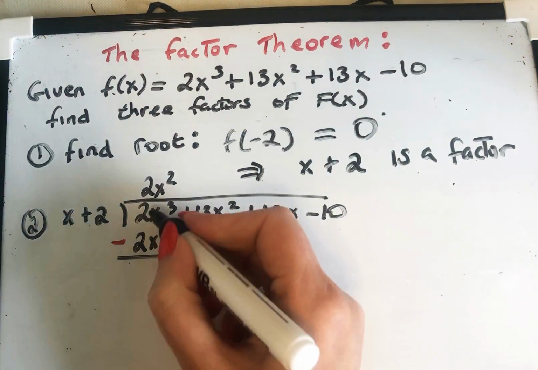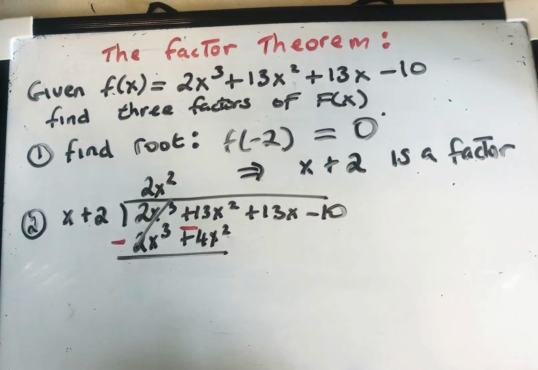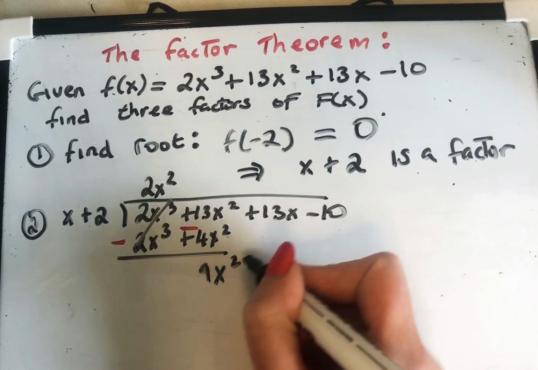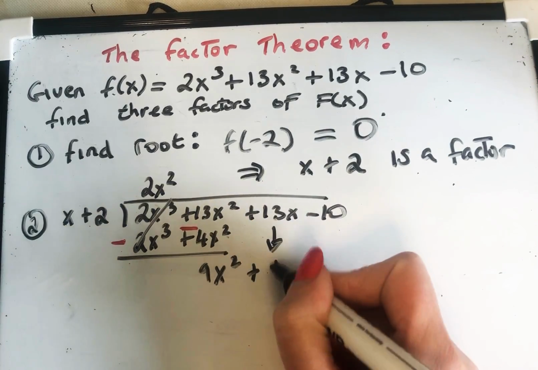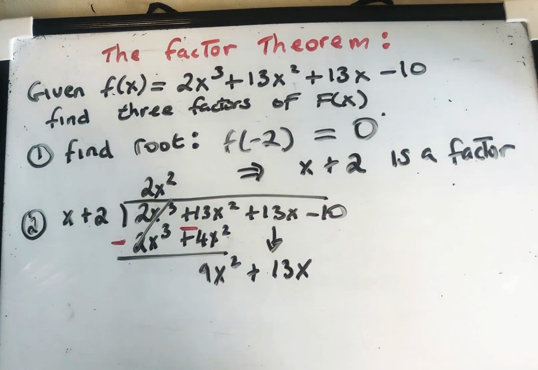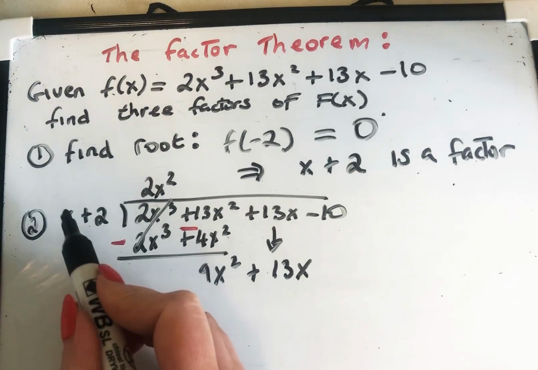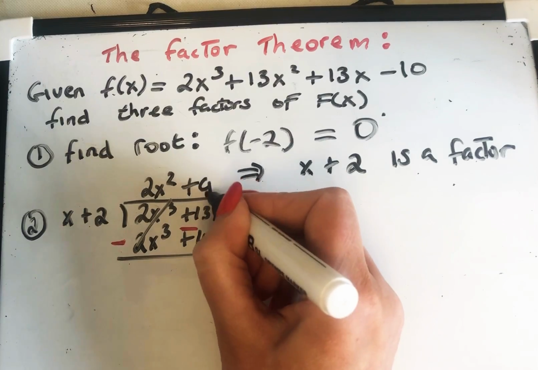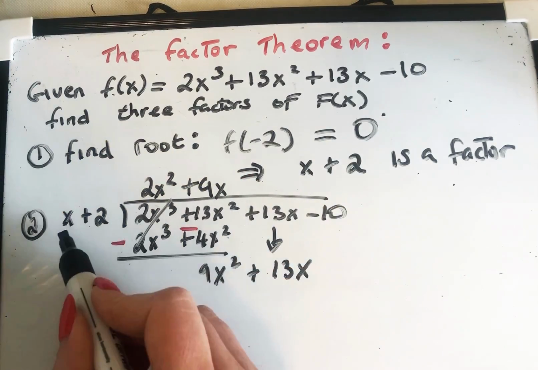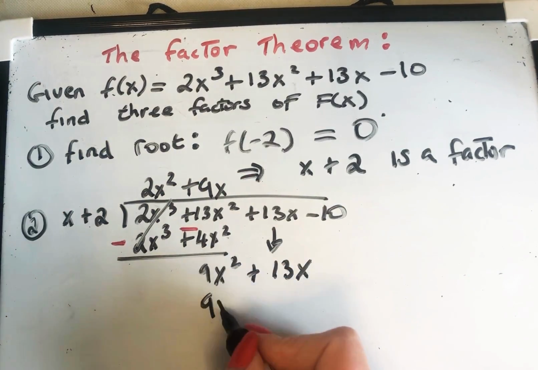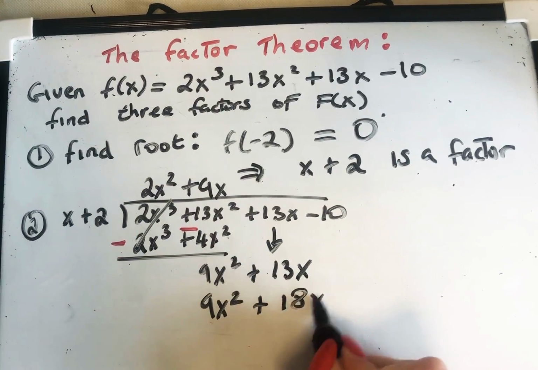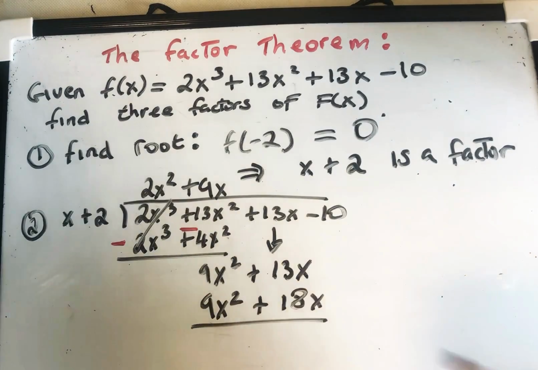We now have the 2x cubes cancelling and we bring down with us 9x squared and plus 13x. And we begin again. x divides into 9x squared, 9x times. 9x by x is 9x squared, 9x by 2 is 18x. Line across and change again.